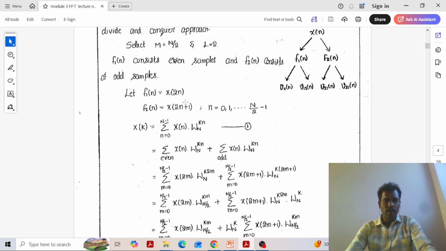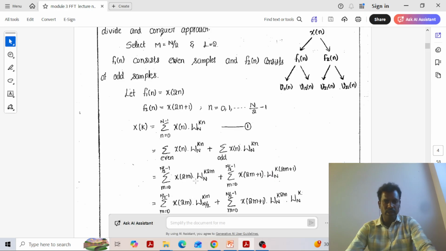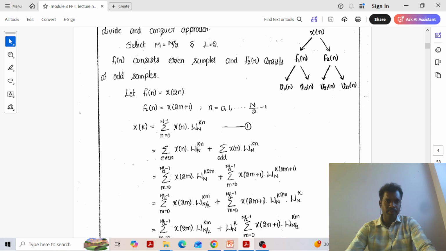Instead of n, I'm using m to avoid confusion, because W_N power kn already has n. So m is equal to 0 to N by 2 minus 1, x of 2m times W_N power k times 2m. You could use n also, but to avoid confusion we use 2m. Here n is replaced with 2m, and for the odd part n is replaced with 2m plus 1.